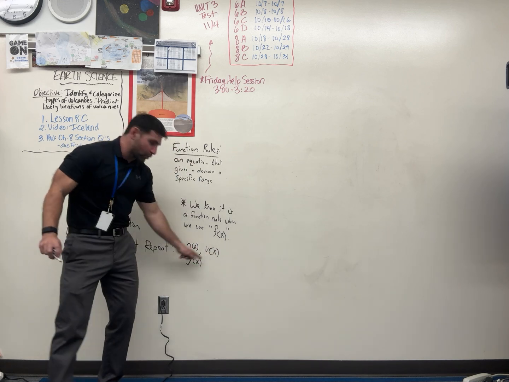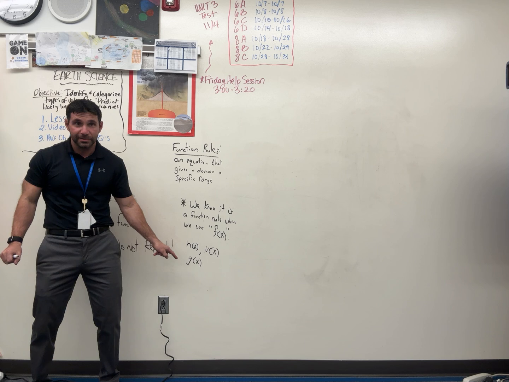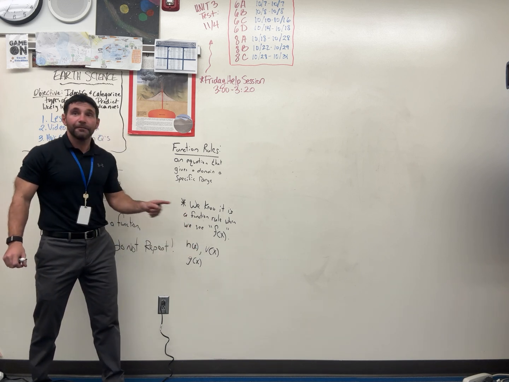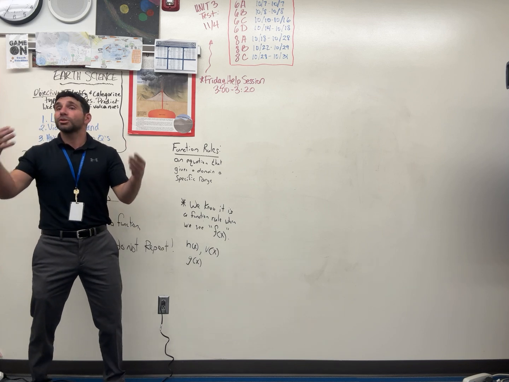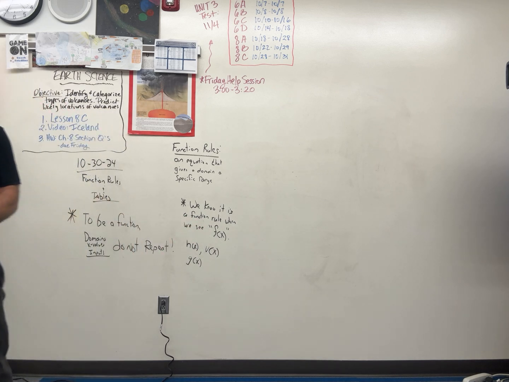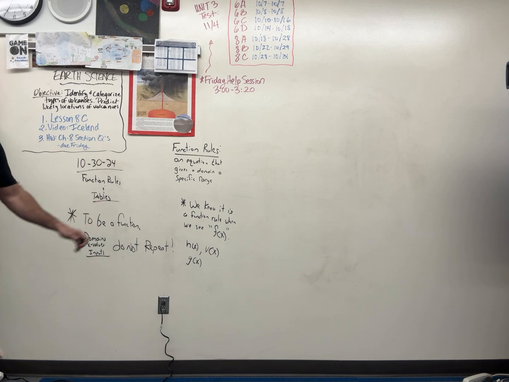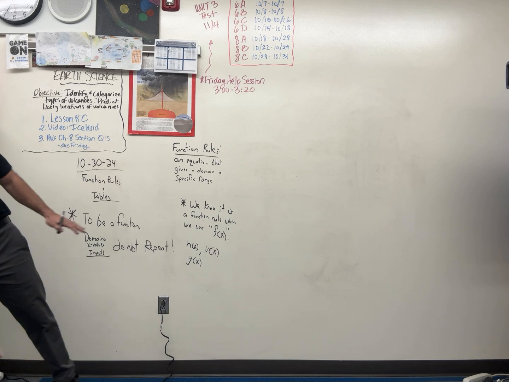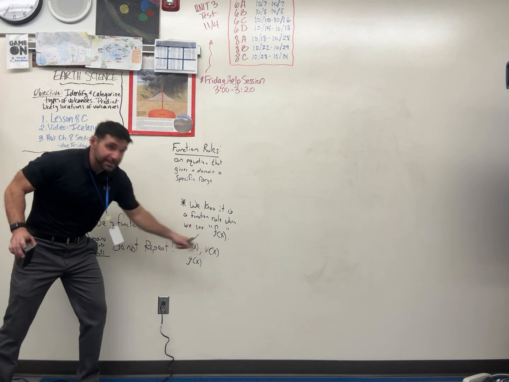It doesn't matter what the thing is in front of that x. These are all showing that it is a function. Most commonly, you will see it as f of x. I'm going to erase these, but just know that these examples are all the same as f of x.